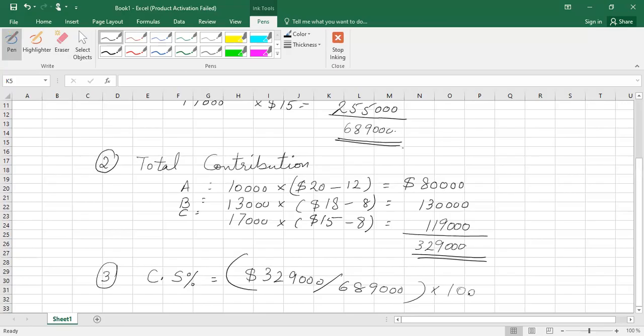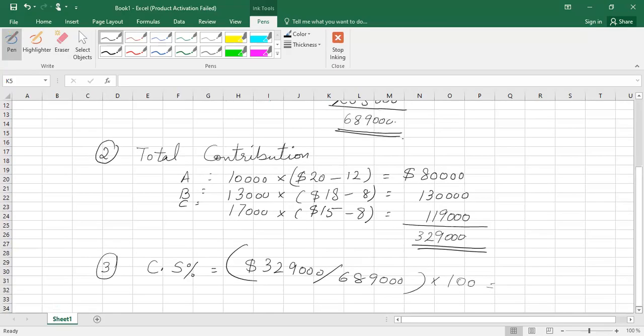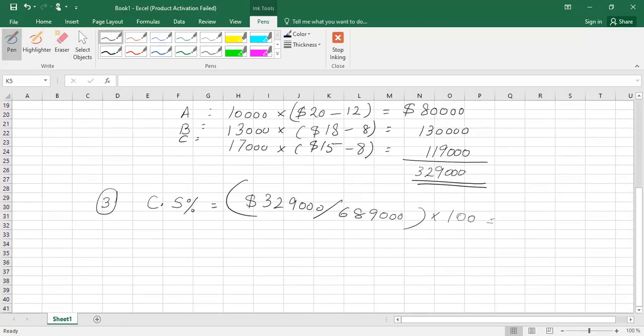Whenever you are required to calculate a value in percentage terms, always multiply it by 100. So 329,000 divided by 689,000, your CS ratio is 47.75%.